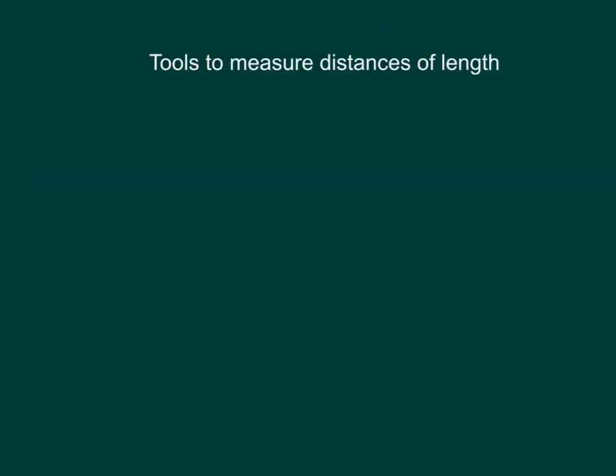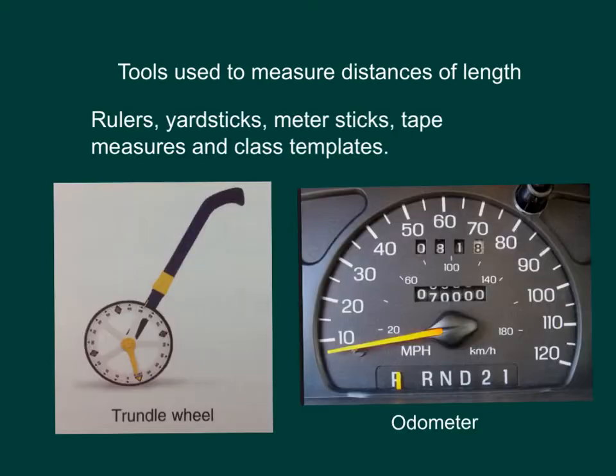So, boys and girls, what tools do we use to measure distances of length? Pause the video now and talk to a partner about this. So here are some tools used to measure distances of length that you and your partner might have thought of. Rulers, yardsticks, meter sticks, tape measures of course, and class templates.